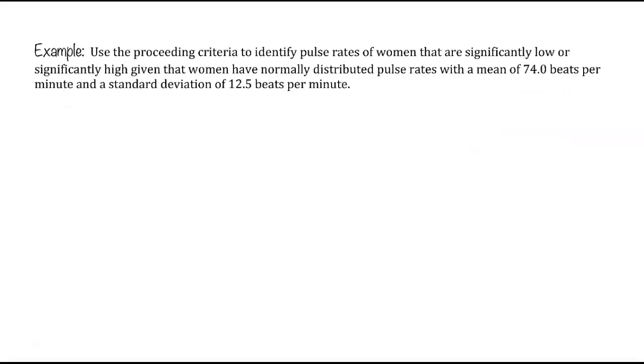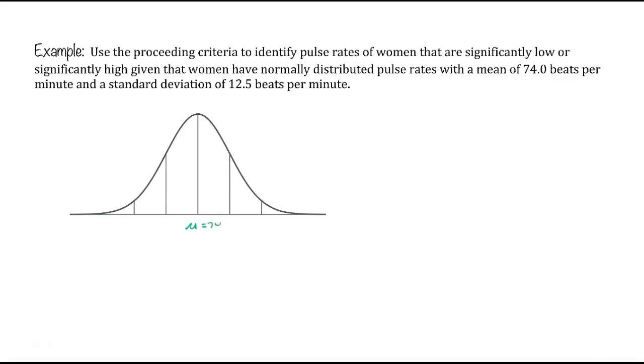We're going to use that preceding criteria to identify pulse rates of women that are significantly low or significantly high. We're told that women have normally distributed pulse rates with a mean of 74 beats per minute and a standard deviation of 12.5 beats per minute. Let's draw this picture. We have a mean of 74 and a standard deviation of 12.5.